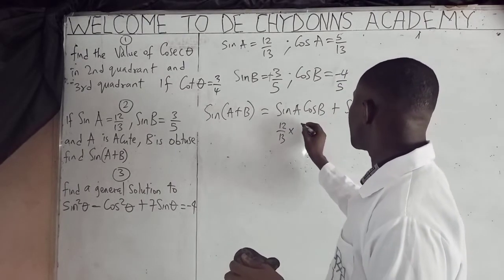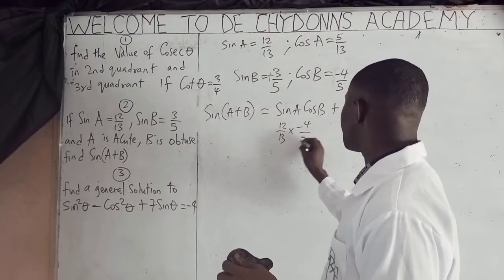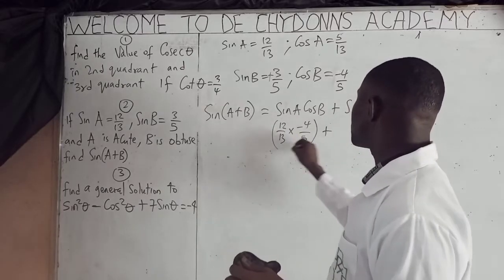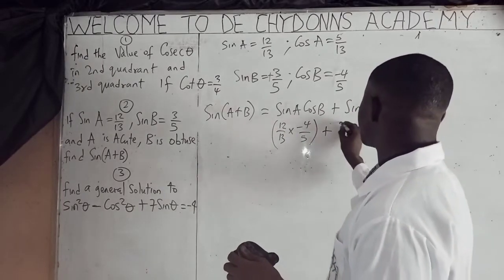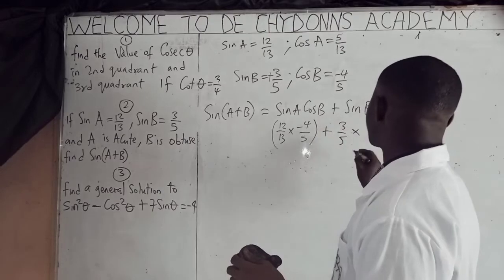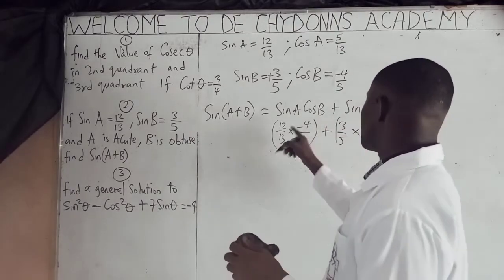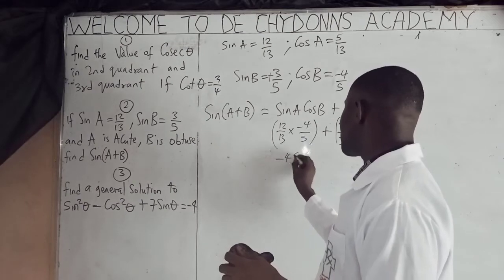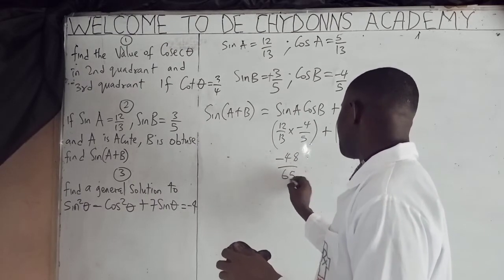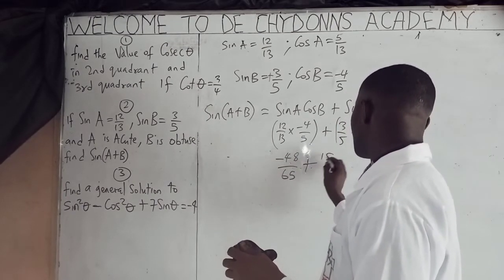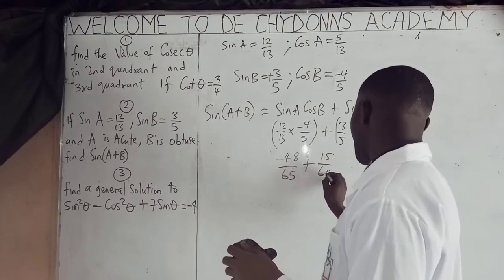What is your cos B? Minus 4 over 5 plus. What is your sine B? 3 over 5 times. What is your cos A? 5 over 13. This will be giving you minus 48 all over 65 plus 15 all over 65.